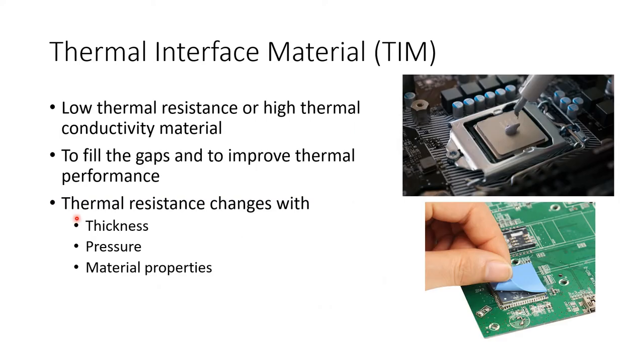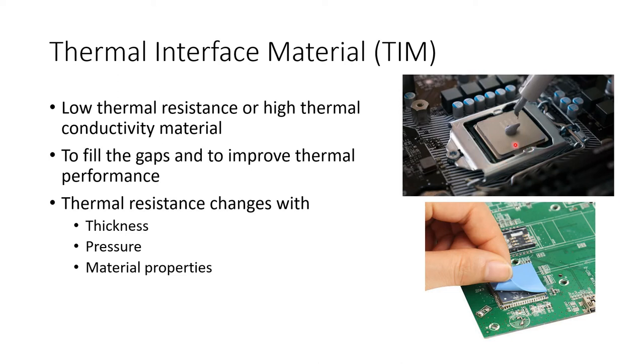The first thing that we are going to focus on is the case to heatsink thermal resistance. In order to reduce the case to heatsink thermal resistance, we are using a material called thermal interface material, or shortly TIM. Now on the right hand side you can see two types of thermal interface materials.